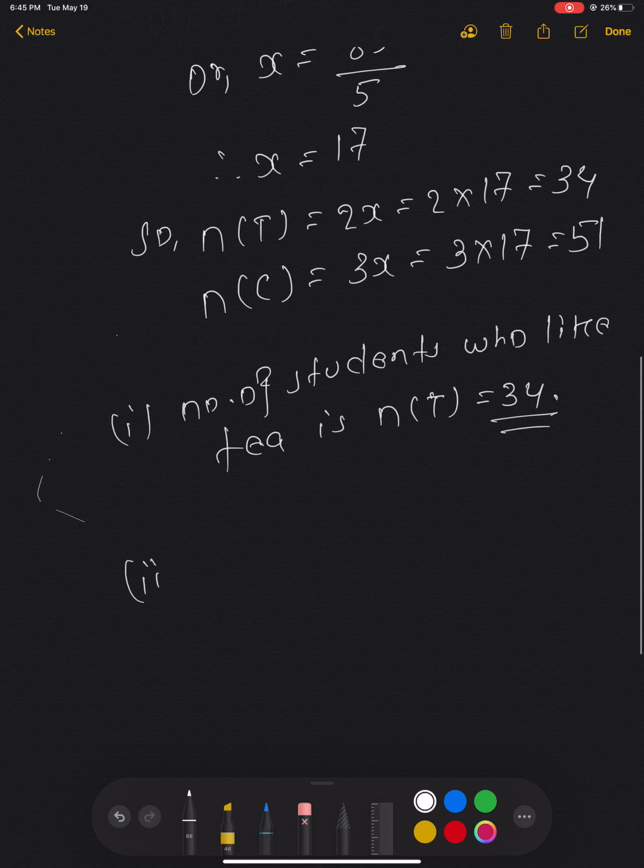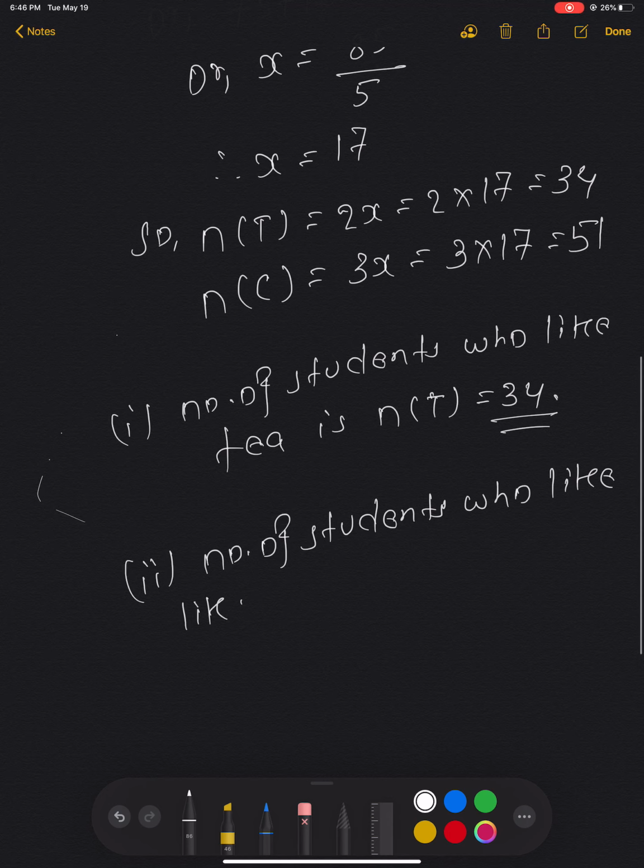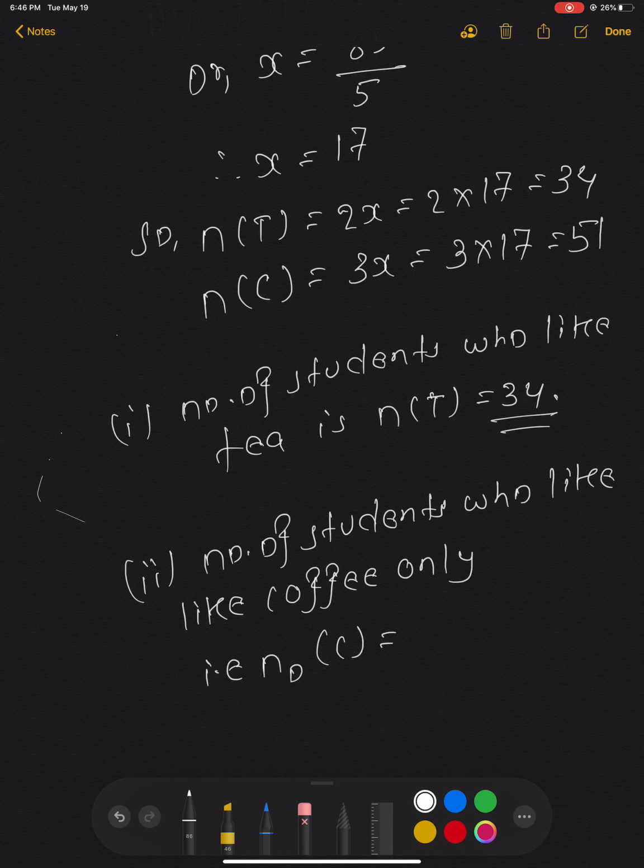So now we have to find the number of students who like coffee only. That is n(only C), which we know is n(C) minus n(T intersection C).